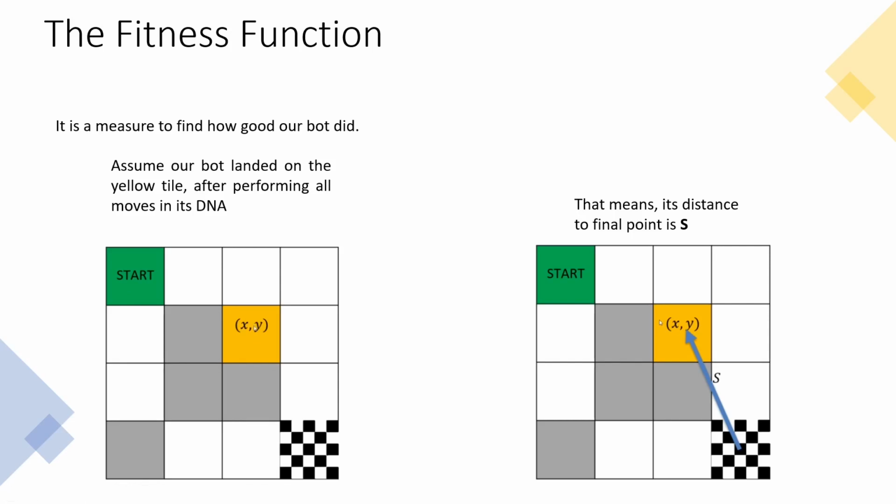And our fitness function evaluates how good that bot did. The aim was to start from here and go here. If you landed here, that means you are far from our target point, which is this one. Therefore, our fitness function measures the distance between this point and this point.